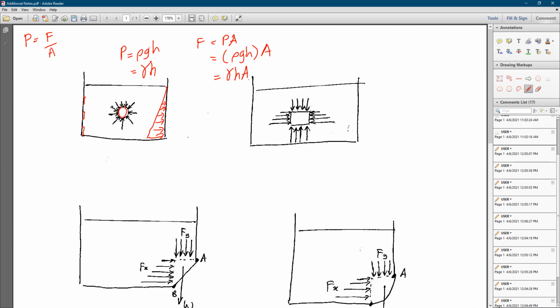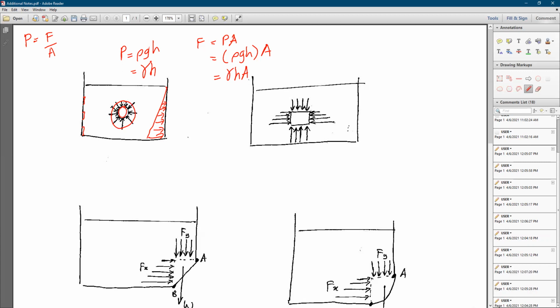If you look closely at the arrows, the arrow on the top becomes much longer as you go down, because the pressure at the top is lower compared to below.